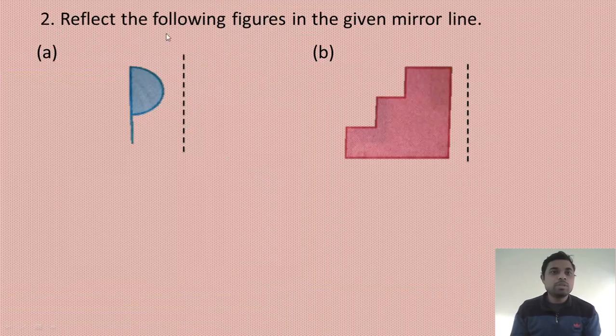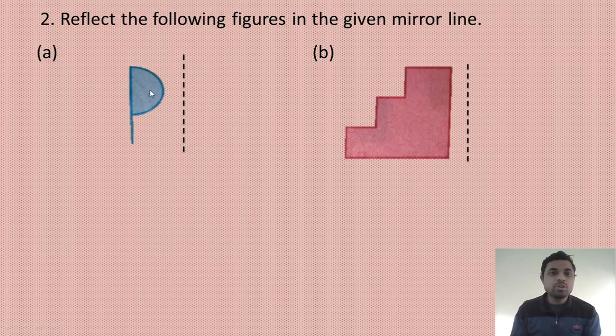Now, reflect the following figures in the given middle line. A, here this symbol is given and here is the dotted line, that means this is the middle line given. So when you draw, what you have to keep in your mind is that the distance of the original object from the mirror will be the same as the distance of the corresponding point of the reflected figure.